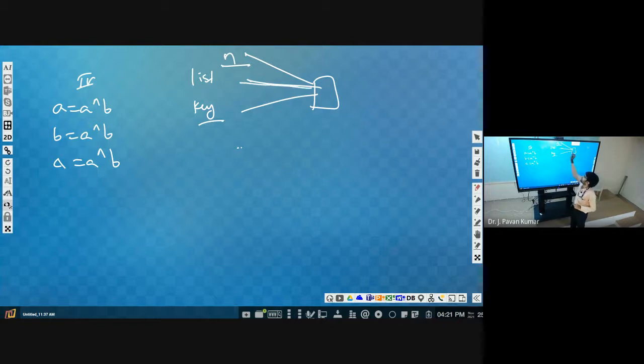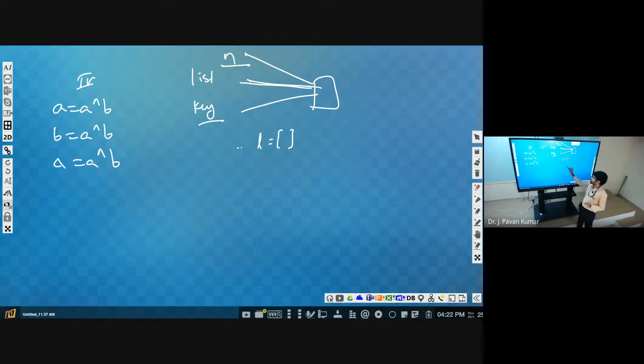So consider taking the list as the input. How can we take the list as the input? First of all, we have to declare a variable which is of type list. So if you specify like this, then it is understood that L is of type list. Okay, square brackets only we have to use.